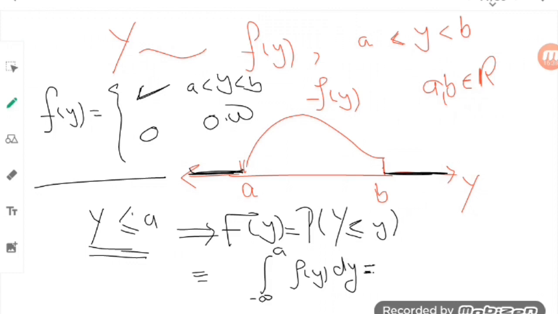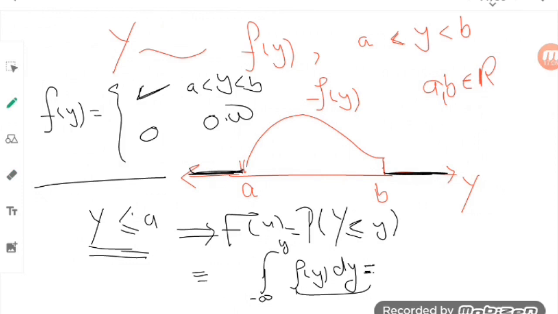Fine. This in fact will be, here we are substituting on the interval, by definition, the probability that y is less than or equal to a certain value y.